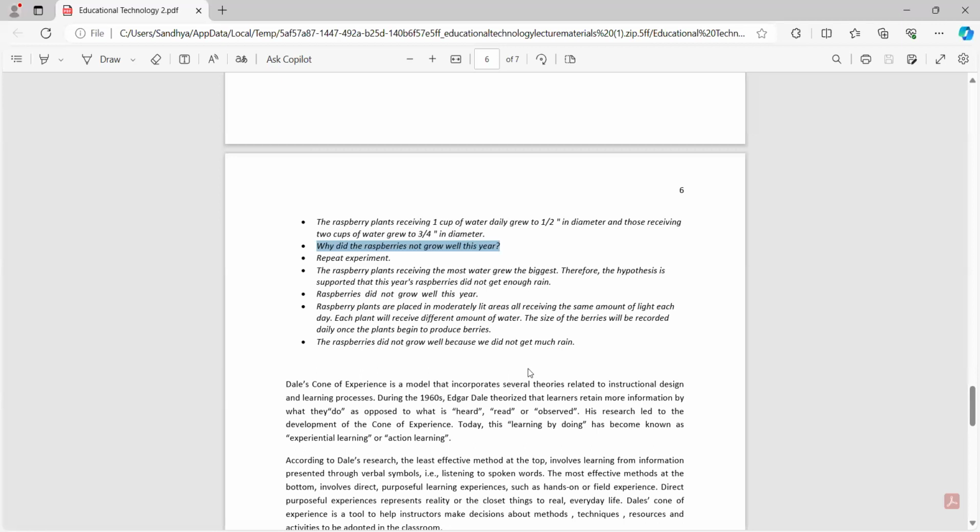Each plant will receive a different amount of water. The size of this is the hypothesis.